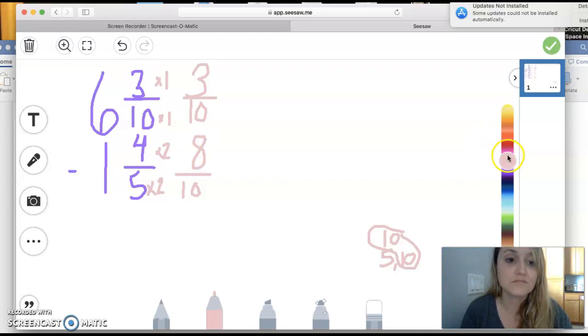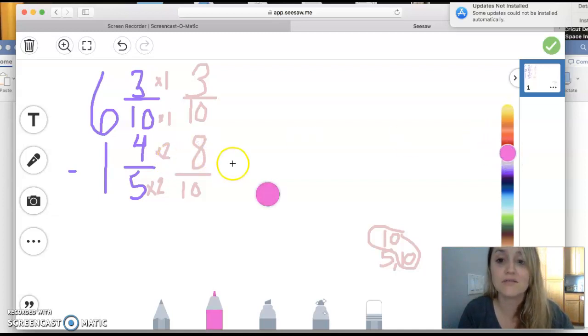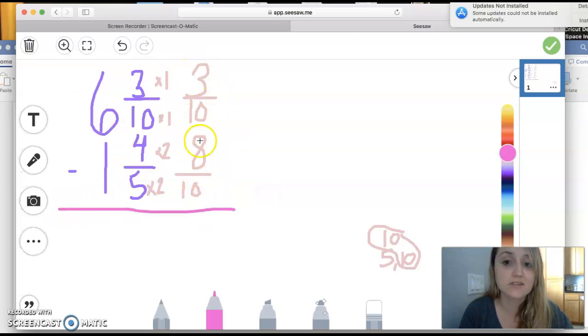So here we have, again, 3 minus 8. Obviously we can't solve that one, so we're going to borrow from our 6. Because I already have 10 as my denominator, I'm going to use 10 over 10 because it makes it easier.